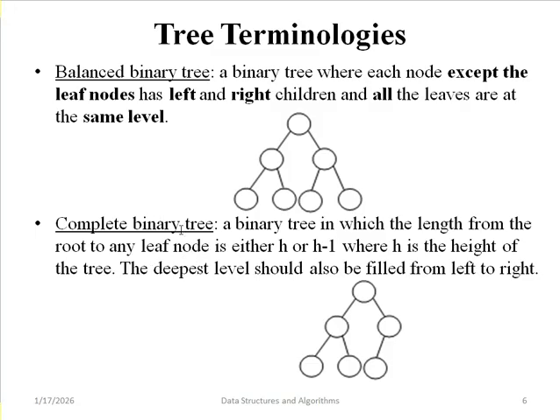Complete binary tree: a binary tree in which the length from the root to any leaf node is either H or H minus 1, where H is the height of the tree. The deepest level should also be filled from left to right. So for a given binary tree to be considered a complete binary tree, the length from the root to any leaf node should be H or H minus 1.